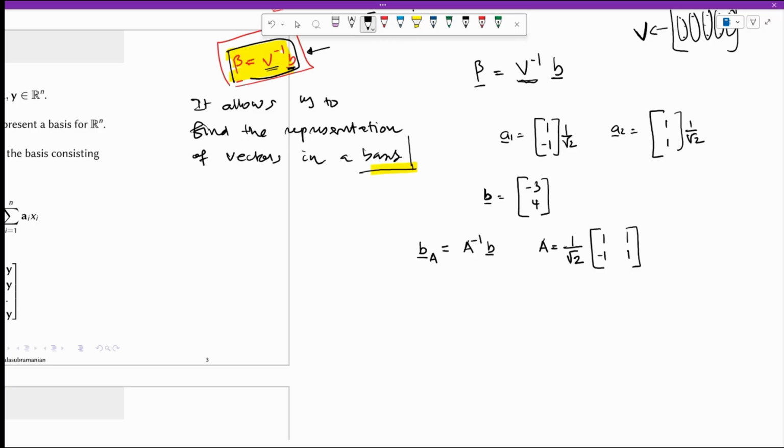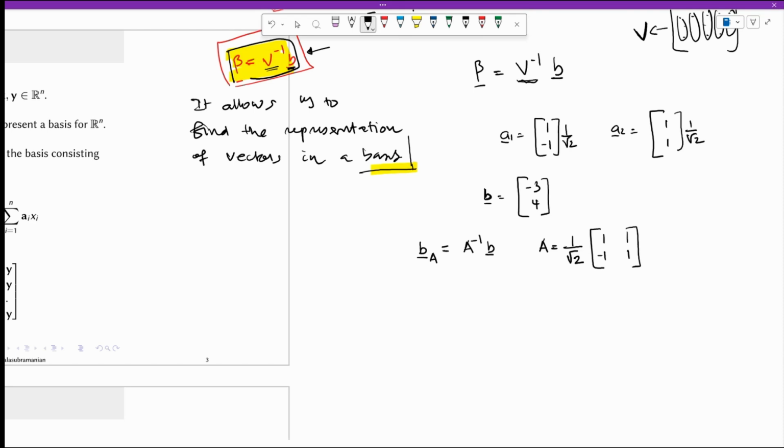Well, you can either go about computing A inverse, or you can first check if the columns are orthonormal. If they're orthonormal, you can just take the transpose, that's A inverse. Are the columns orthonormal? You don't have to stare, you can simply compute.